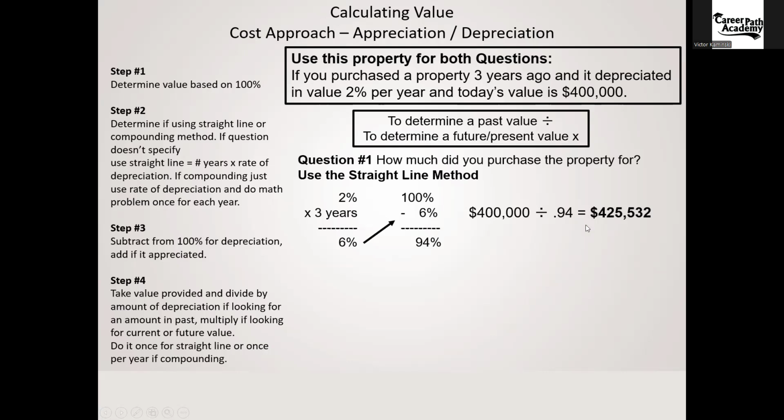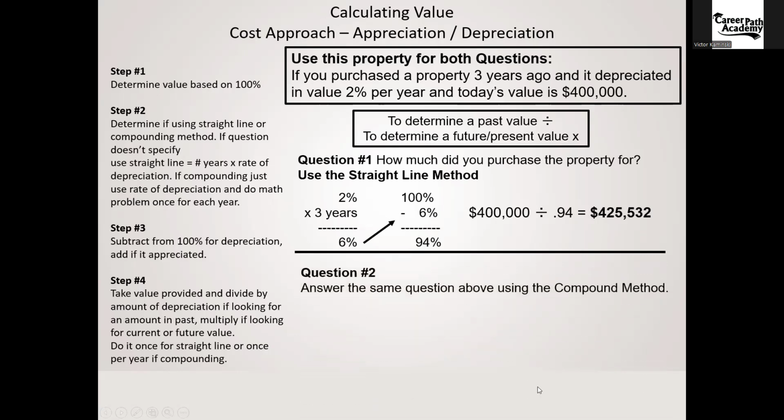So straight line method is pretty simple, right? But compounding method, it's not that much more difficult. There's a little bit more math involved, a couple more steps. So instead of just doing one math problem straight up to get the answer, you would do it this way.